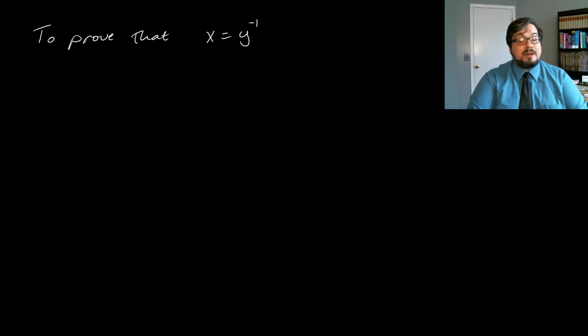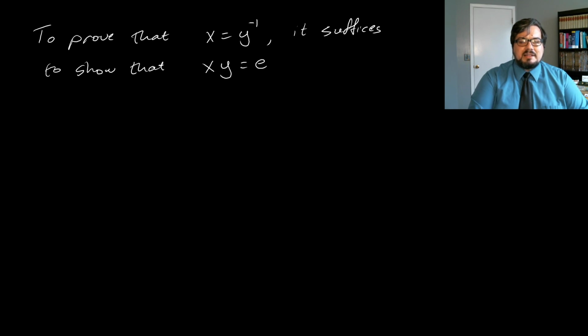To prove that x equals y inverse, for any x and any y in your group, it suffices to show that x times y is the identity, or indeed that y times x is the identity.